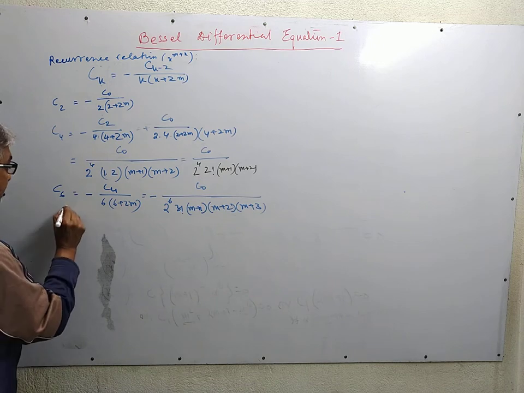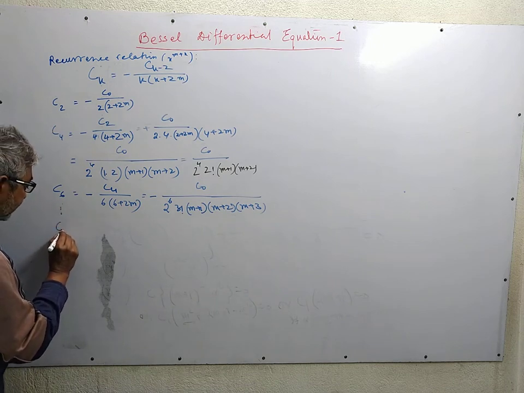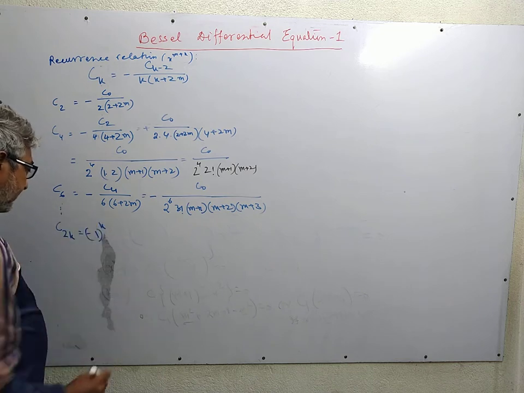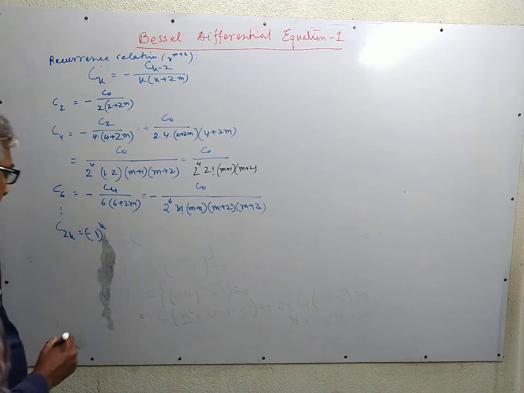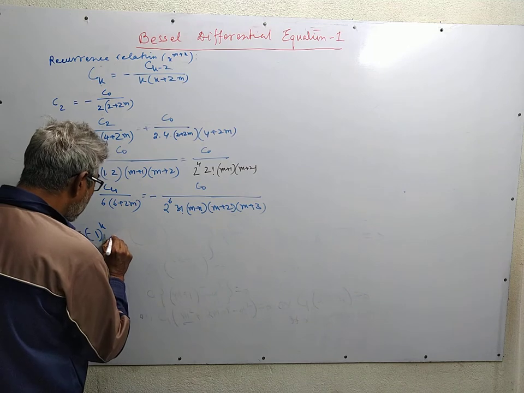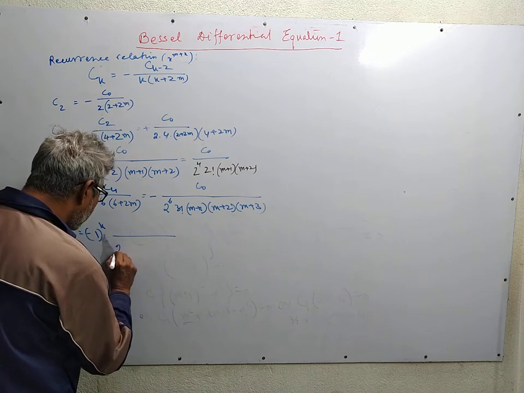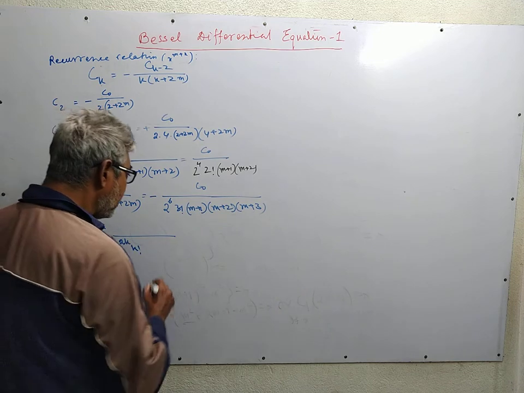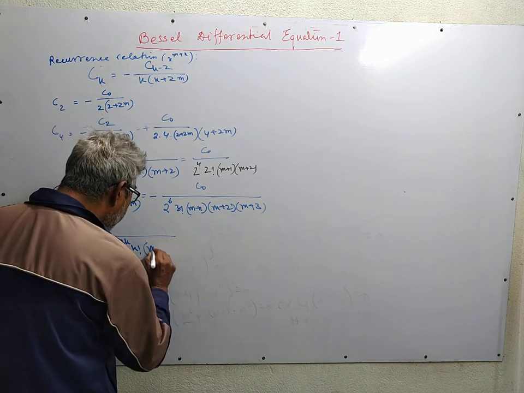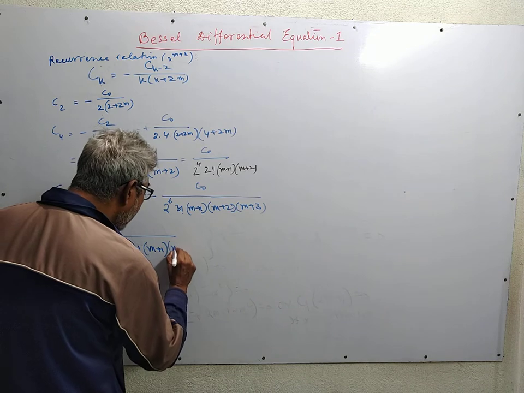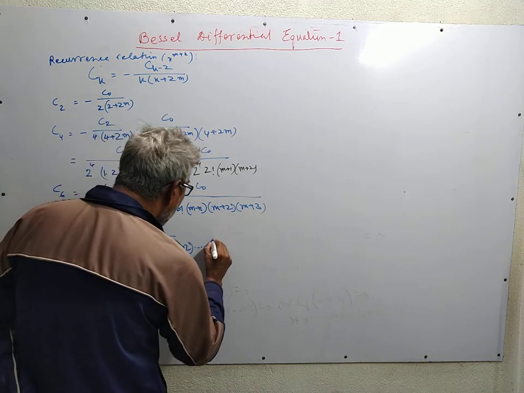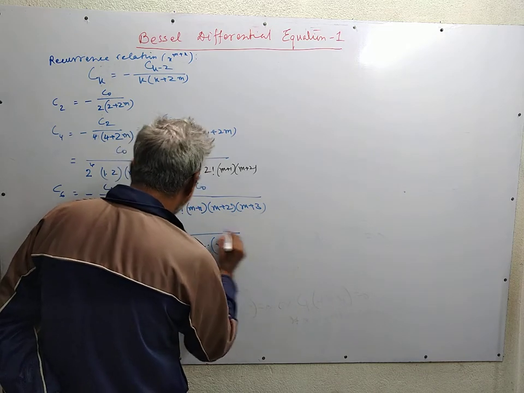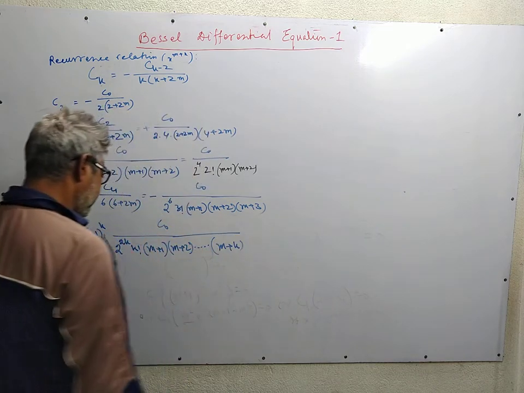So we can generalize the term as c of 2k is equal to minus 1 to the power k over 2 to the power 2k, k factorial, and then we have m plus 1, m plus 2, right up to m plus k, and in the numerator we have c0.